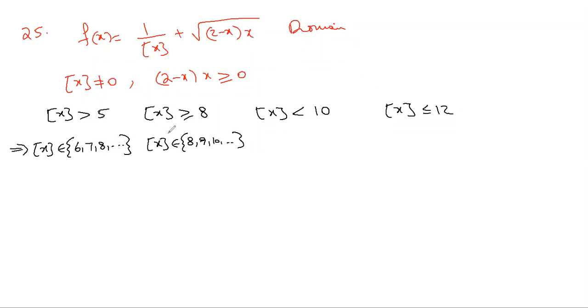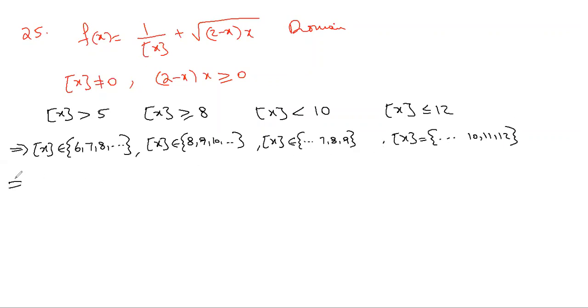Greater than or equal to 8, 8 onwards allowed. Next, here integral part of x belongs to 7, 8, 9 and so on. Here integral part of x belongs to 10, 11, 12 and so on.